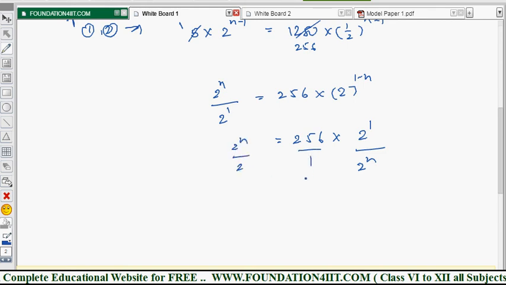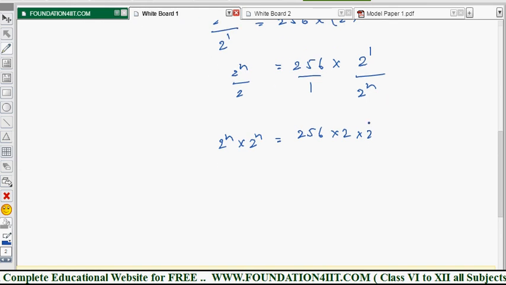Just take all the n terms to one side. So 2 to the power n into 2 to the power n on this side, and 256 into 2 into 2 is one more. Then the formula: a power m into a power m, you can write as a power m whole square, that is a power 2m.